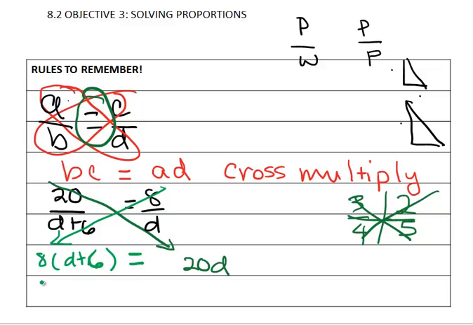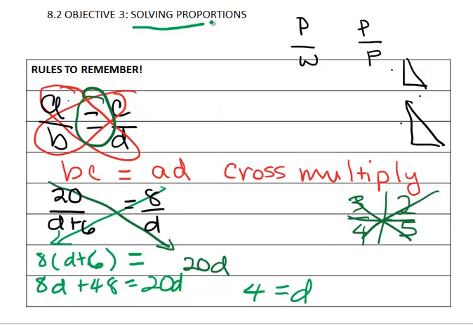And I can figure this out by distributing: 8D plus 48 equals 20D. Do the wonders of mathematics, combine like terms, and I'll end up with 4 equals D. So I can use this tool, cross multiplication, and making the cross products equal, to solve for a missing variable. This is insanely useful. Make sure you get this one down.